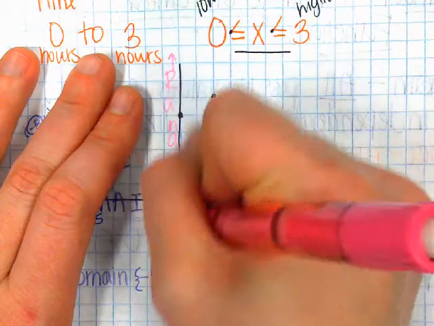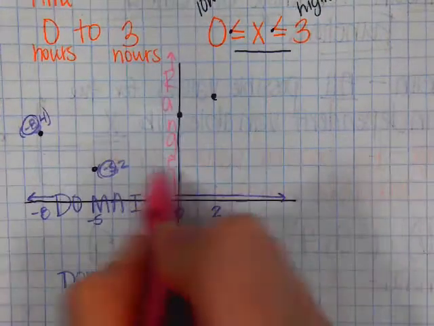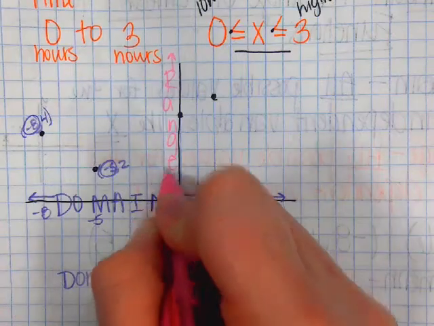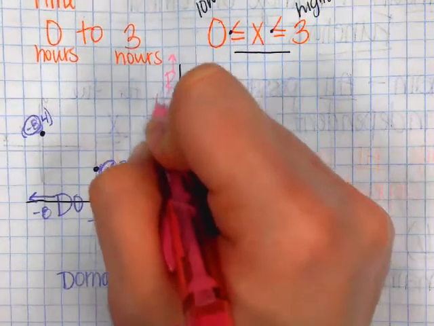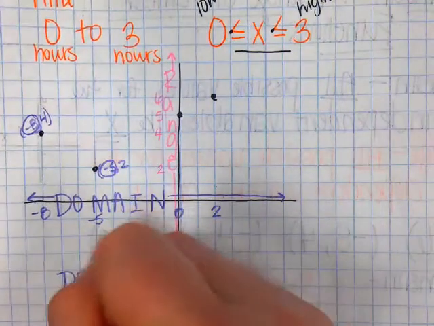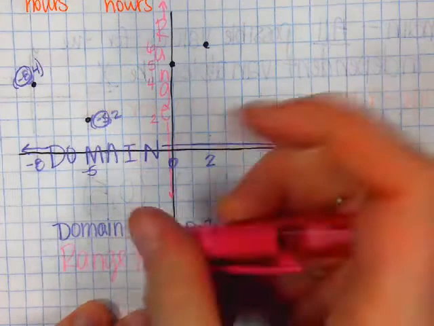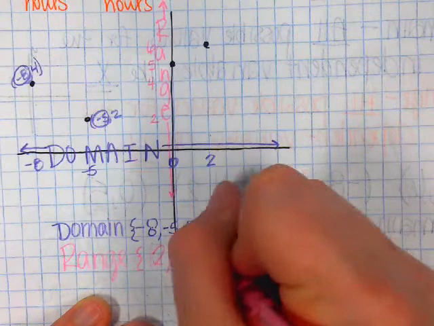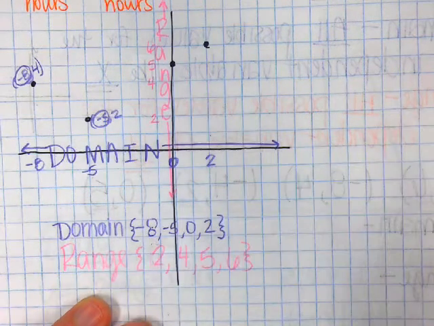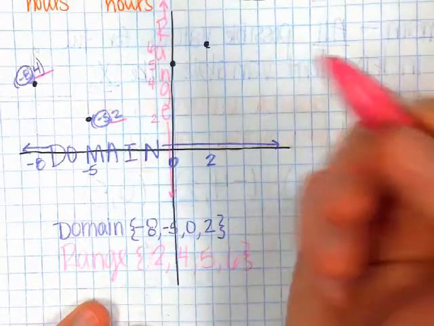Now if I'm doing range, I'm going to look at the y-axis. Let me move my hand so that it can focus. Okay, so I'm going to look this way. So I have one that is at 2. I have one that's at 4, one that's at 5, and one that's at 6. So my range would be, and write it in order, sorry, of smallest to largest, 2, 4, 5, and 6.